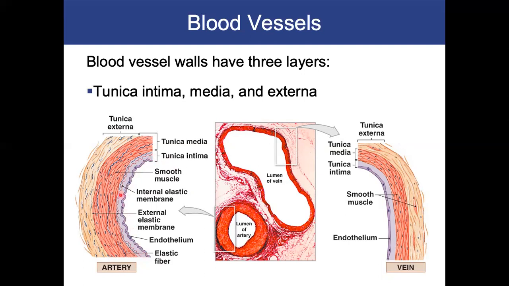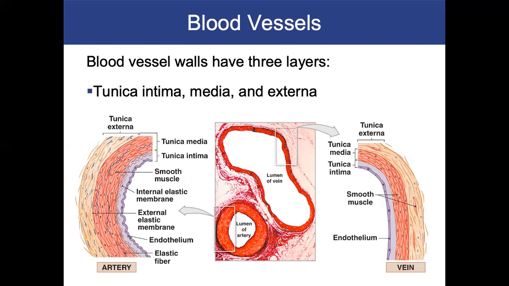So it's a layer of simple squamous endothelial lining, and then it has some elastic fibers in it, or an elastic membrane. The tunica media, or the middle layer, is where you find the smooth muscle. And so that smooth muscle is what's going to do the constricting and dilating to ultimately regulate blood pressure. And then the tunica externa is connective tissue.